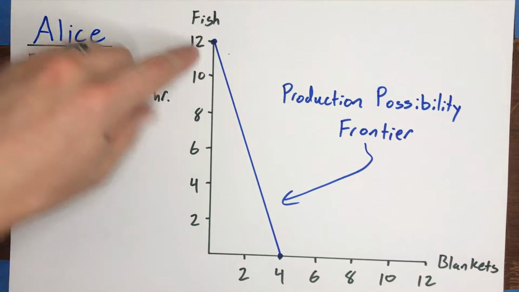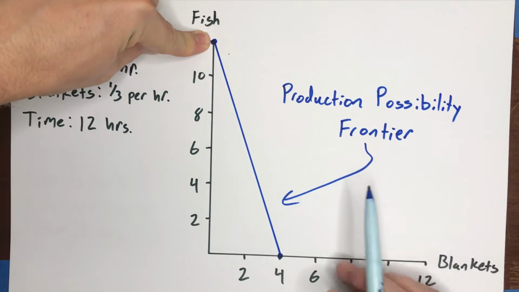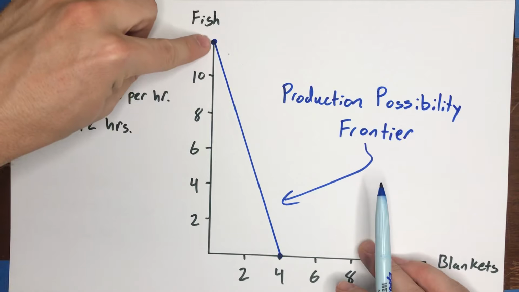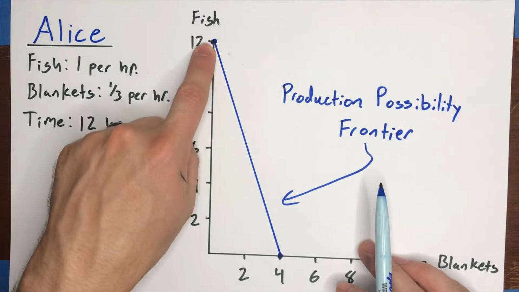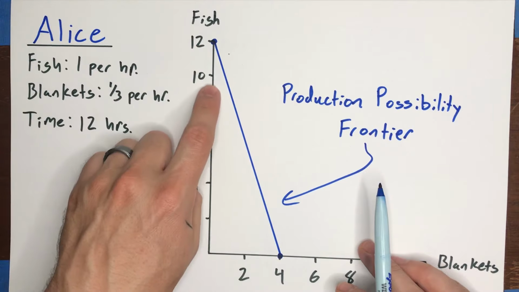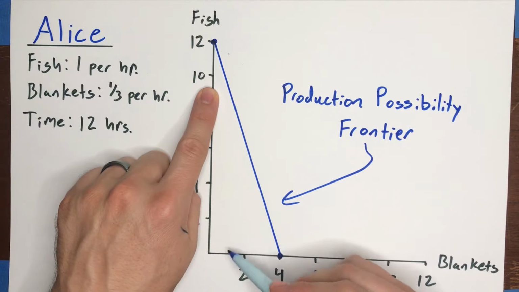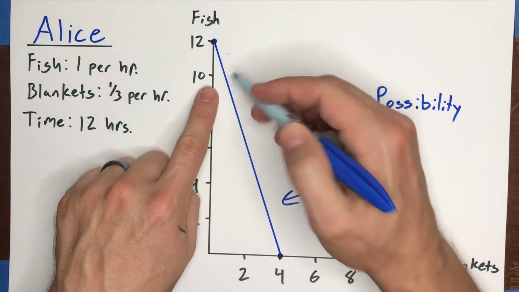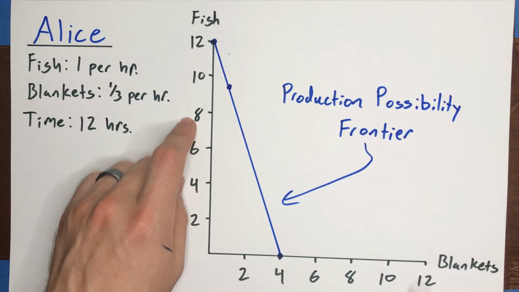For example, say she starts up here with 12 fish and she decides, well, really I want to have at least one blanket. If she wants to get one blanket, she can do that by taking away 3 hours from catching fish. That would move her down to having 9 fish. Then she can use those 3 hours to produce one blanket, and that would put her right there on the production possibility frontier.